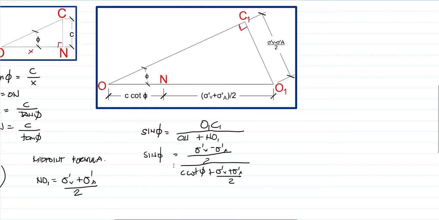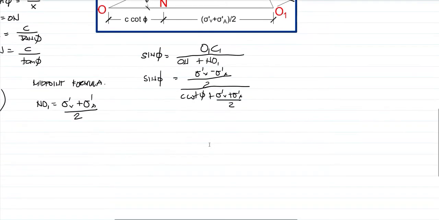So, syempre, yung ilalim natin, kunin natin yung least common denominator. So, ito, yung C cotangent of phi. So, ito, kunin natin yung least common denominator nito. So, sine of phi is equal to, so that is over 2.